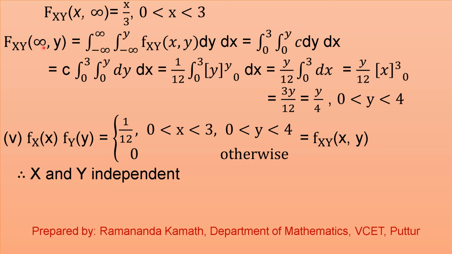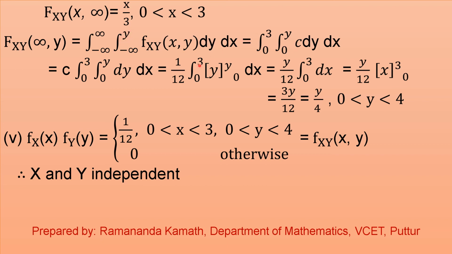Similarly, fxy of infinity comma y. Now put x as infinity, minus infinity to infinity, inner integral minus infinity to y fxy of x comma y dy dx. Since x and y vary from 0 to 3 and 0 to 4 respectively, ignore negative values which come in this integral. So in both integrals, the lower limit will be 0. 0 to 3 for the x value, 0 to y, where this y will be from 0 to 4.